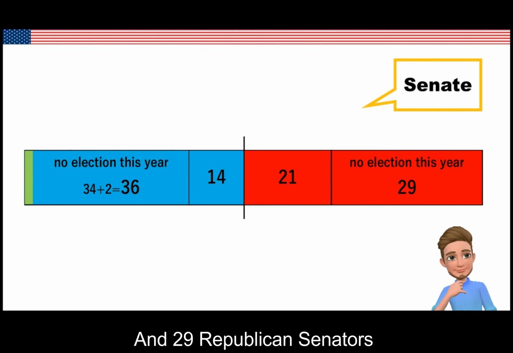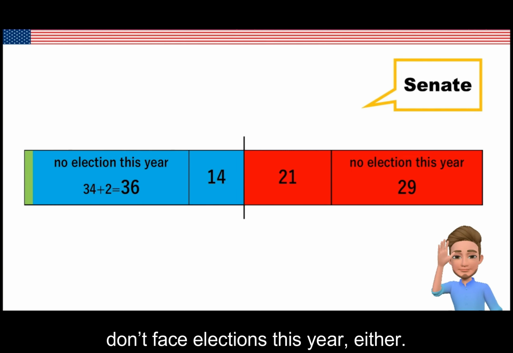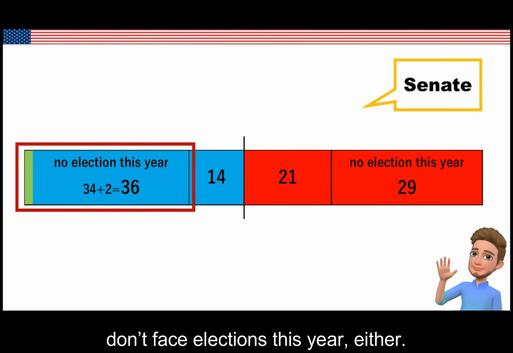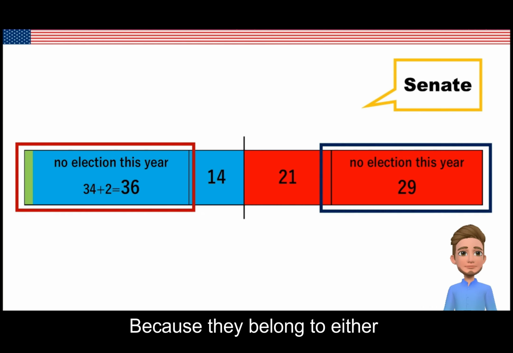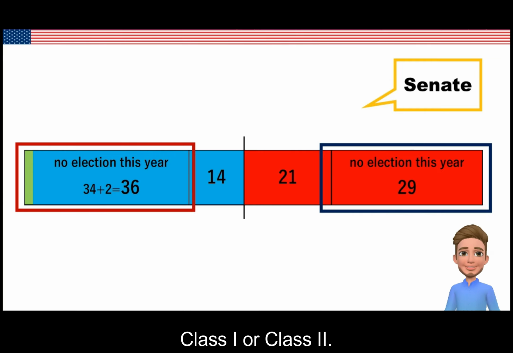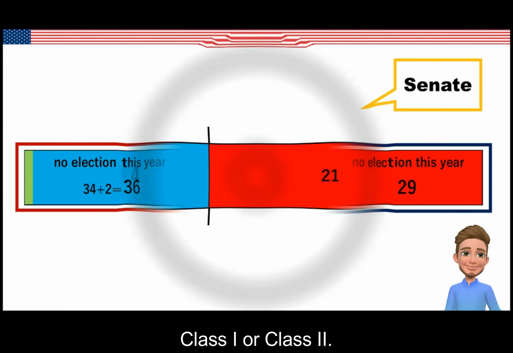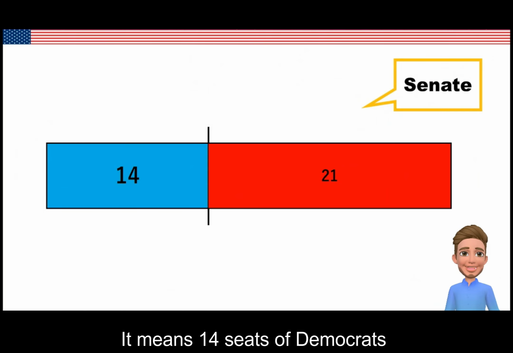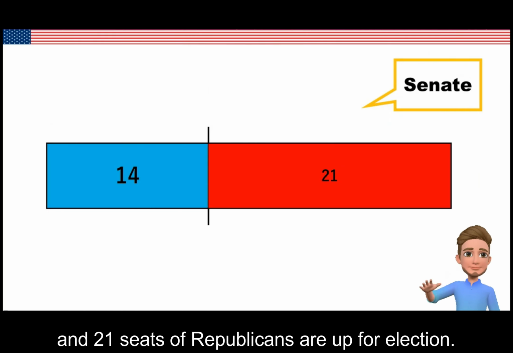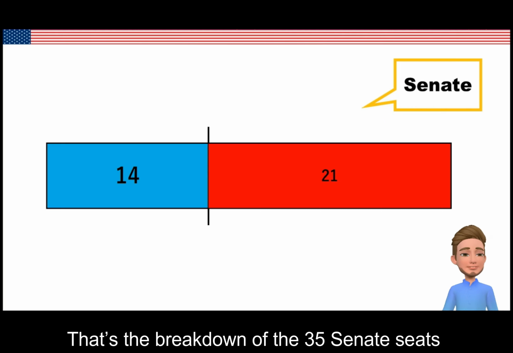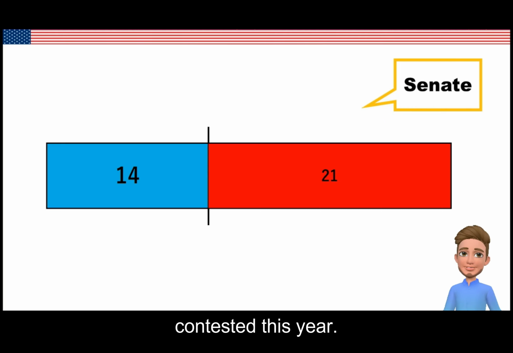And 29 Republican senators don't face elections this year either, because they belong to either Class 1 or Class 2. It means 14 seats of Democrats and 21 seats of Republicans are up for election. That's the breakdown of the 35 Senate seats contested this year.